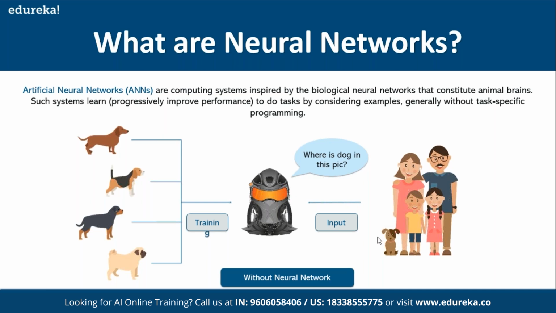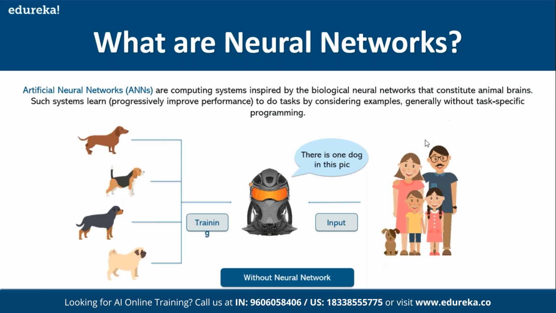But the dog in this photo is very different from the dogs with which we trained the application, which means that in spite of training an application on various images of dogs, a regular machine learning algorithm which can handle structured data fails. It will not be able to identify there is a dog in this picture.